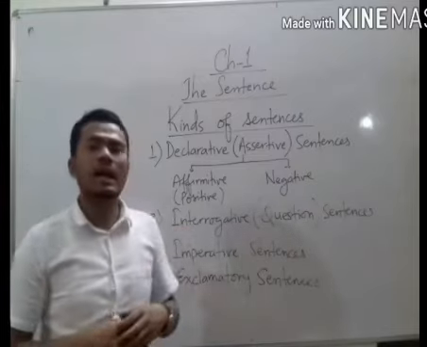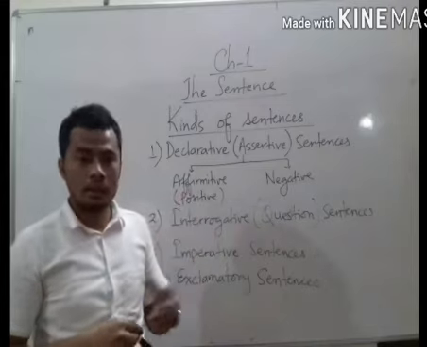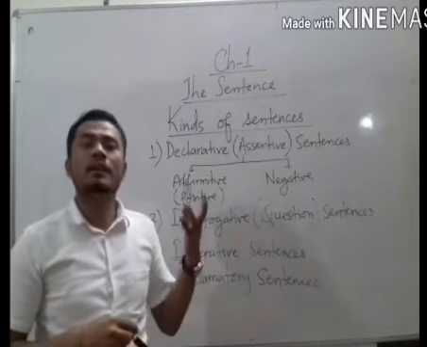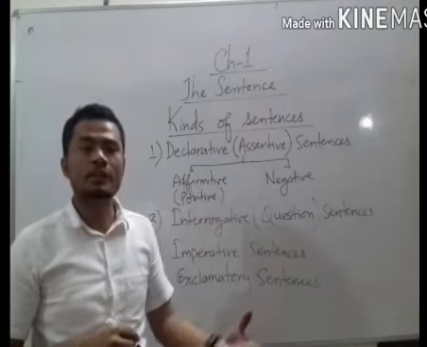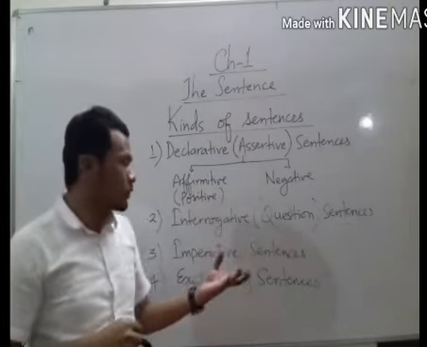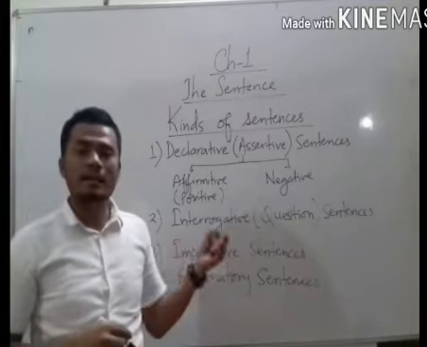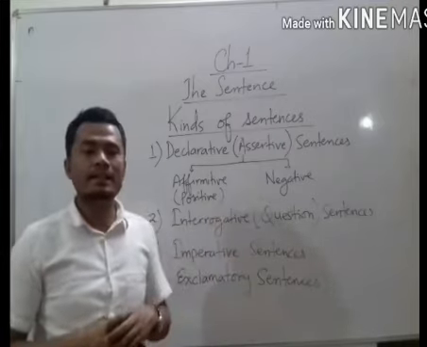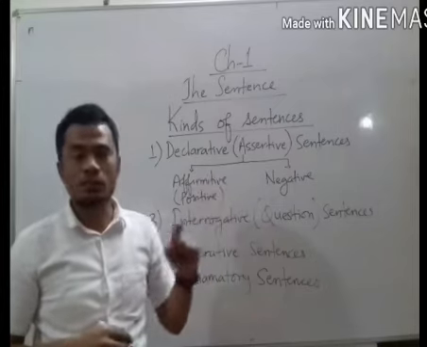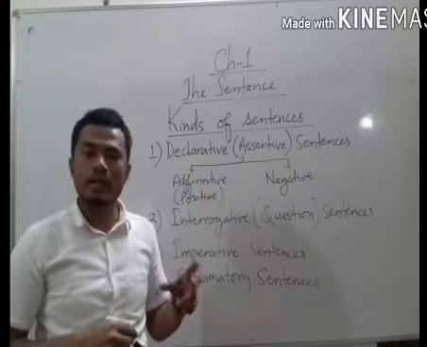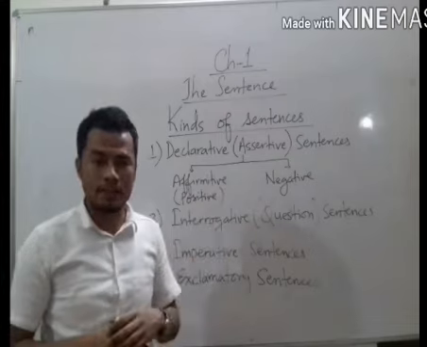Imperative sentences are commands, requests, suggestions, advice. We will understand after reading the sentence what kind of expression it wants to convey, and according to that we identify the kind of sentence.